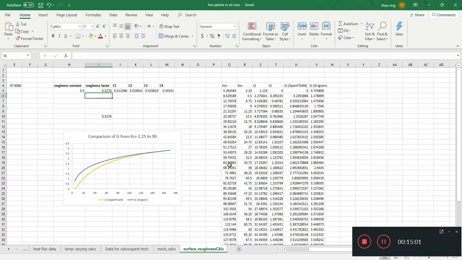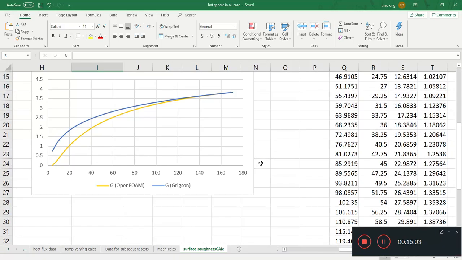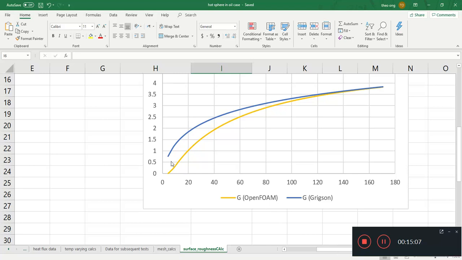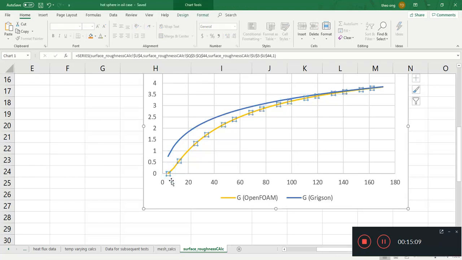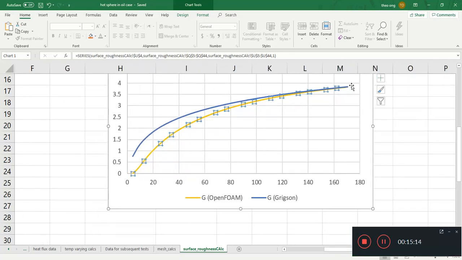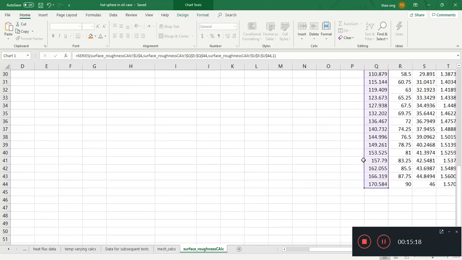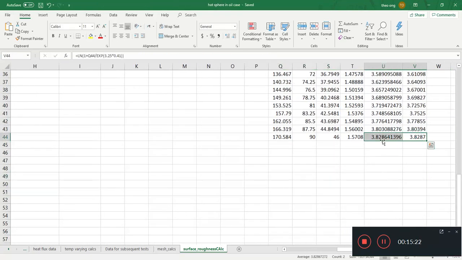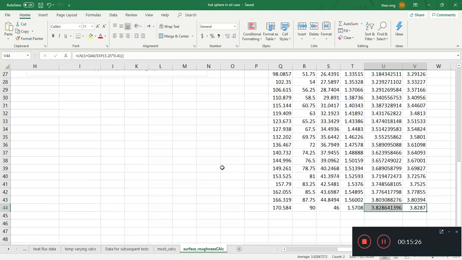And you'll see something pretty interesting. Pretty much at the beginning, there will be this same gap. We'll discuss that in a while, but you see towards the tail end, it matches pretty much exactly. So G plus equals G Grigson. At the end of the day, both of them are about 3.8287 or 3.8286.